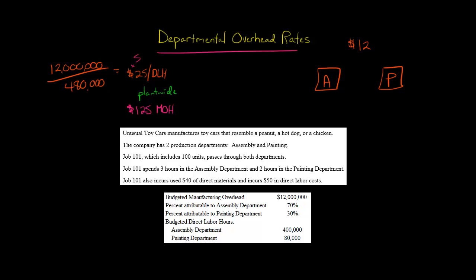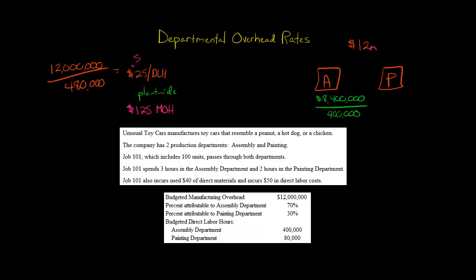We're going to use departmental overhead rates. So we have to say how much of that $12 million applies to the assembly department and how much applies to the painting department. Here, 70% applies to the assembly department. 70% of $12 million is $8,400,000. Now we calculate a rate for that: we have 400,000 direct labor hours in the assembly department, so we divide by 400,000.